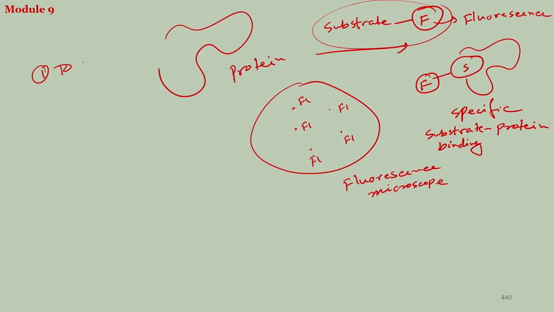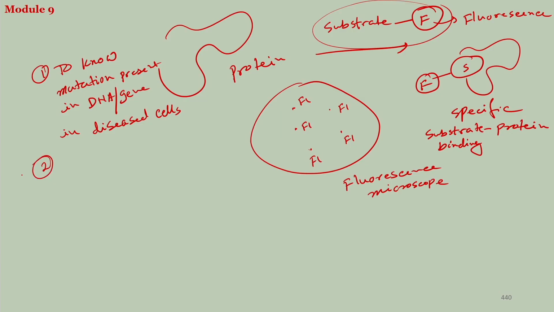That is one: to know mutations present in DNA or gene in normal cells or diseased cells. That's one. So you basically want to know whether your gene is perfect or not.